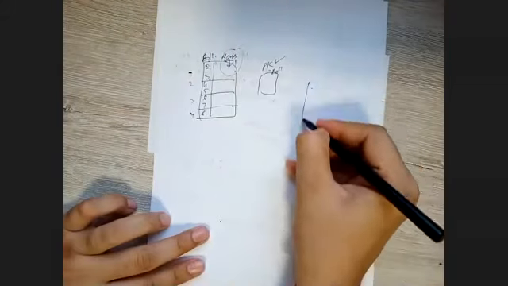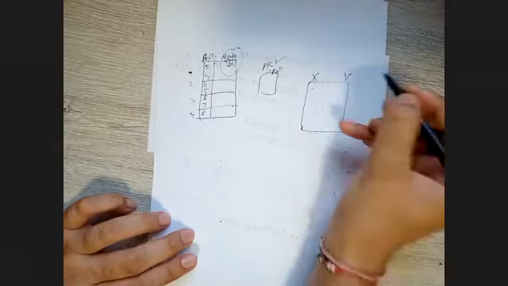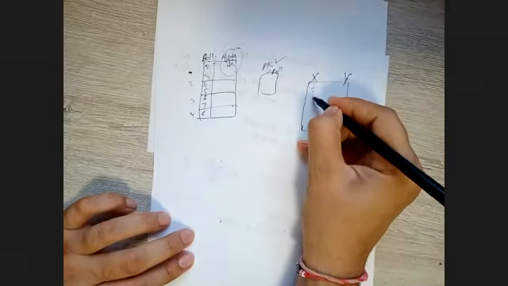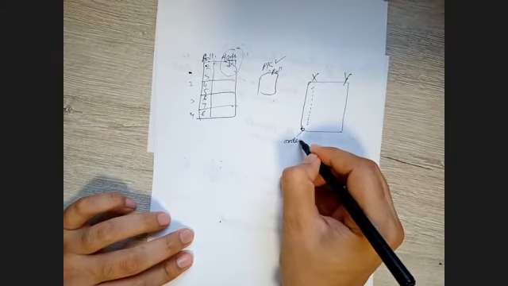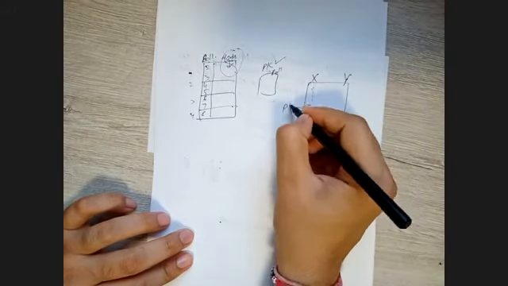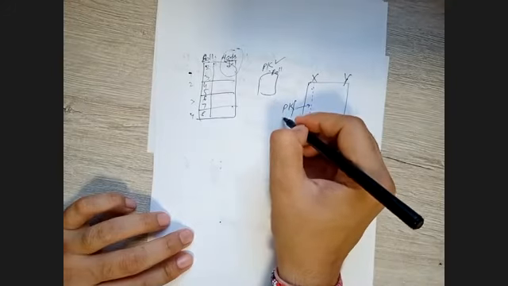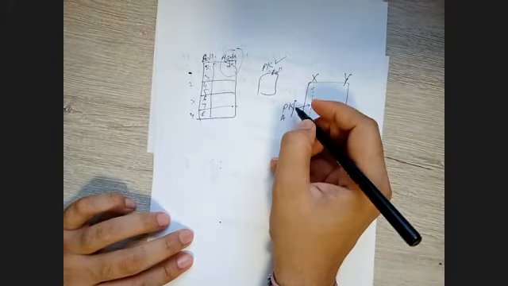So for example, this is the record, you have attributes x and y. If this x is your ordered field, then this indexing will be your primary index, where the key is the primary key or alternate key, or cluster index.